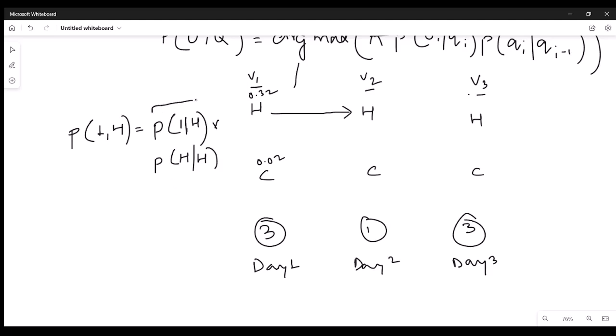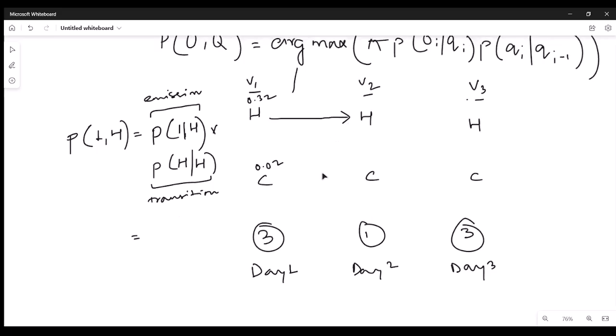So this was the emission probability and this was the transition probability. Thus, we can calculate the values of these probabilities to get the transition values from H to H. So let us identify the value.